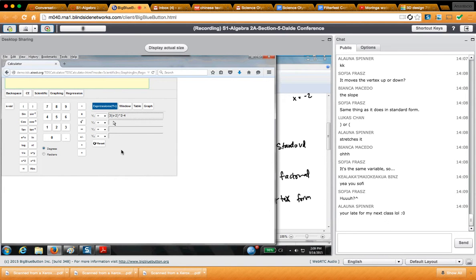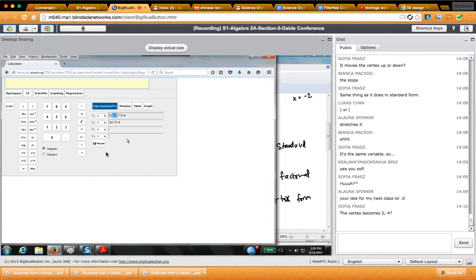What is going to happen to that parabola? What is going to happen when I put an x minus 2 inside of that parentheses?